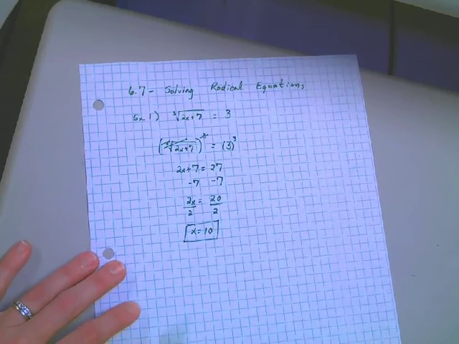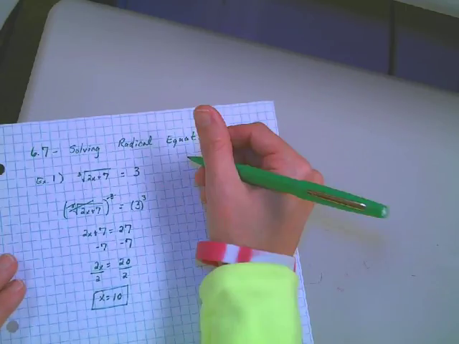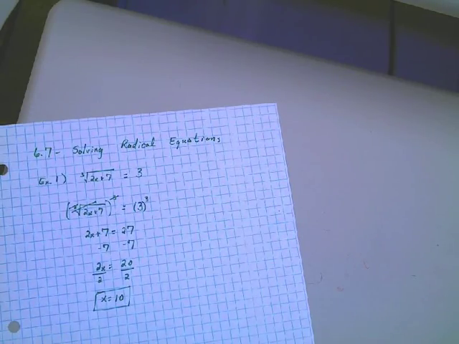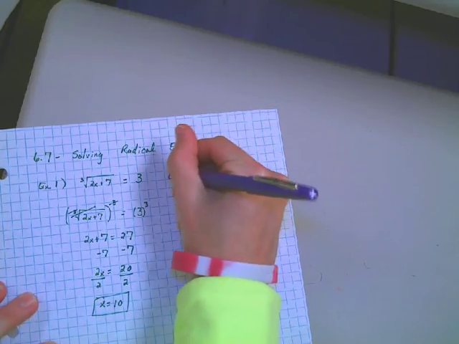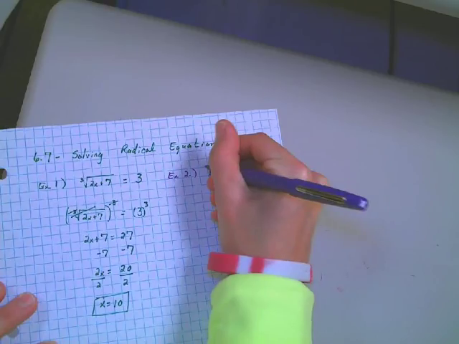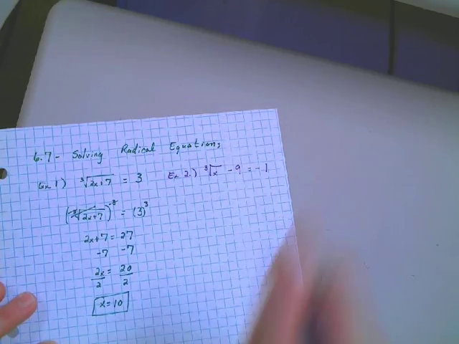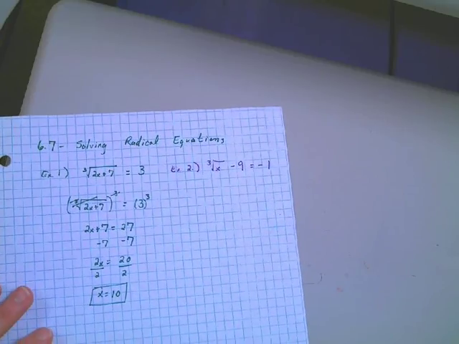All right, let's take a look at another one that's just a little bit different. If I had the cube root of x minus 9 is equal to negative 1. That minus 9 is not underneath the radical.